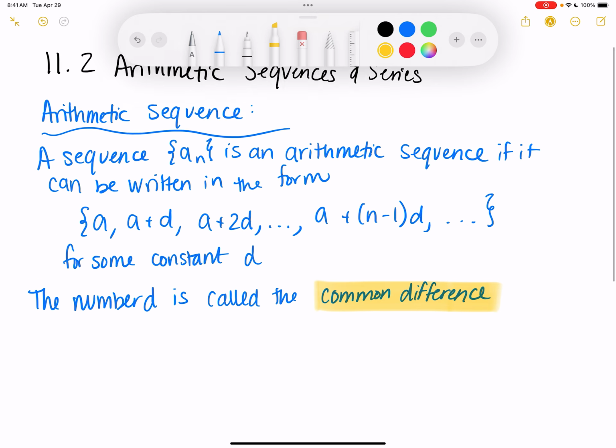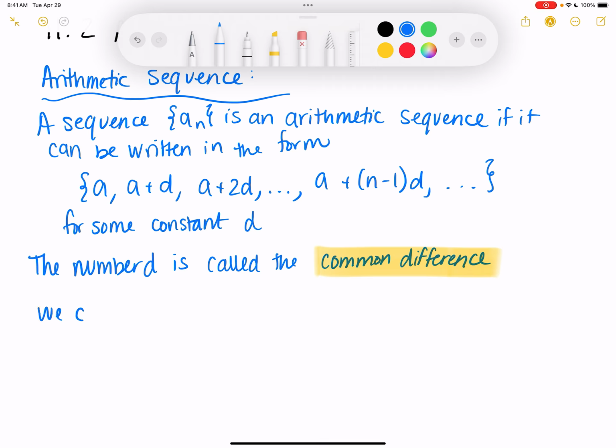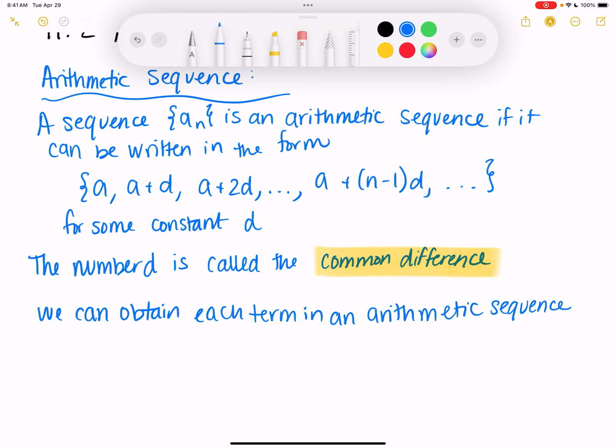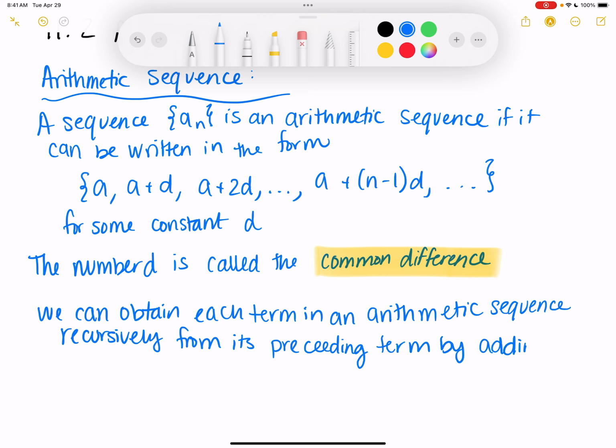And we can obtain each term in an arithmetic sequence recursively from its preceding term by adding D. So we would have A sub n is equal to A sub n minus 1 plus D for all n greater than or equal to 2.